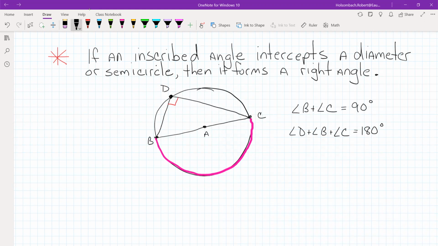All right, the first rule is the two acute angles in a right triangle sum to 90. And the three angles inside of a triangle always sum to 180 degrees. Any inscribed angle in this circle that intercepts arc BC forms a right triangle.